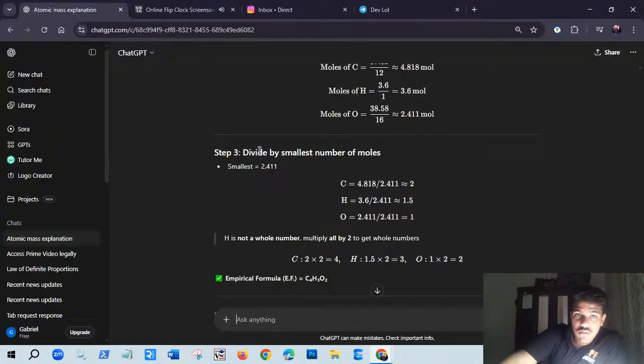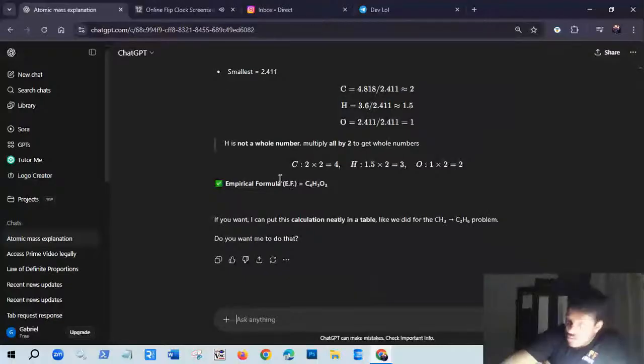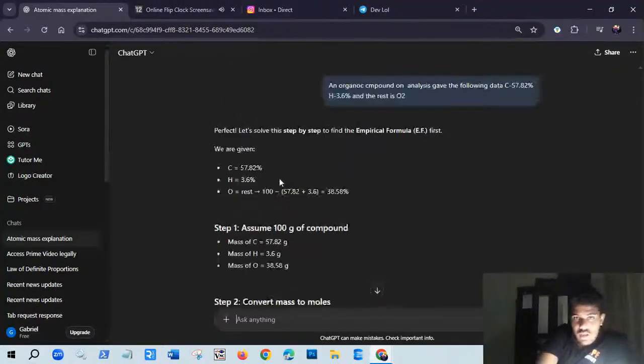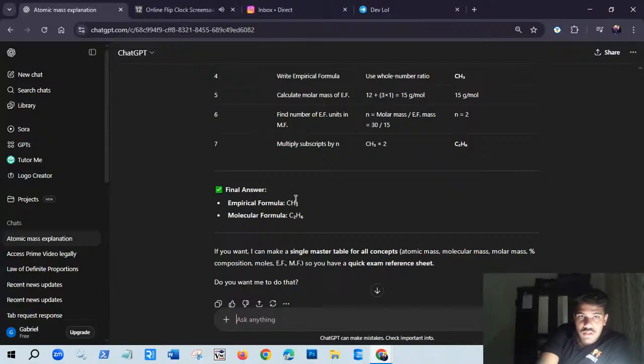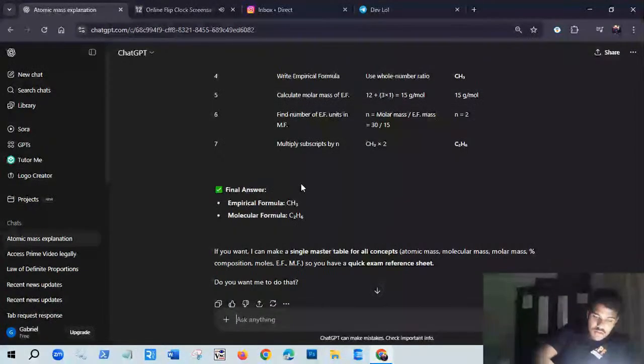Here's the empirical formula. Why did we have to convert this? If they don't ask to find the molecular formula, you don't have to do this. If they did, you have to do the molecular formula. Right now, they did not, so we're good.